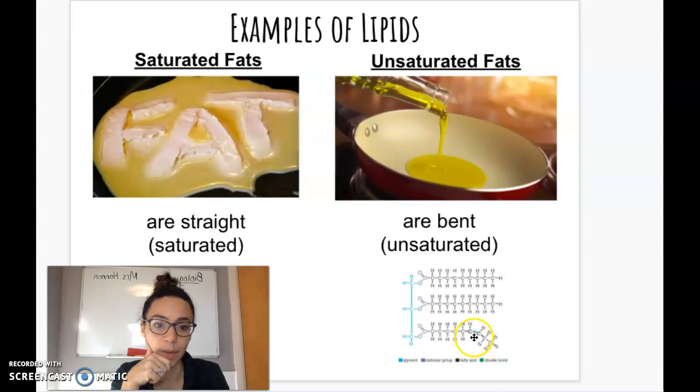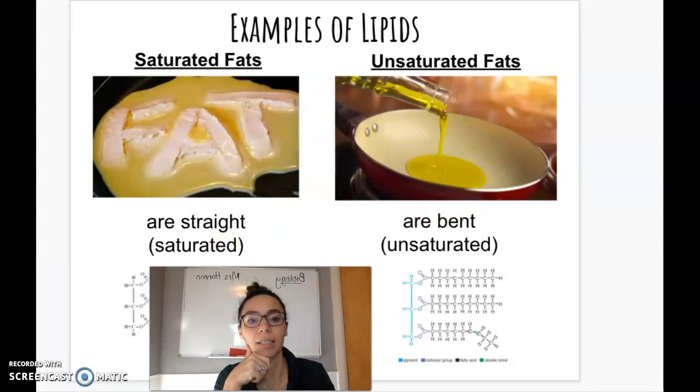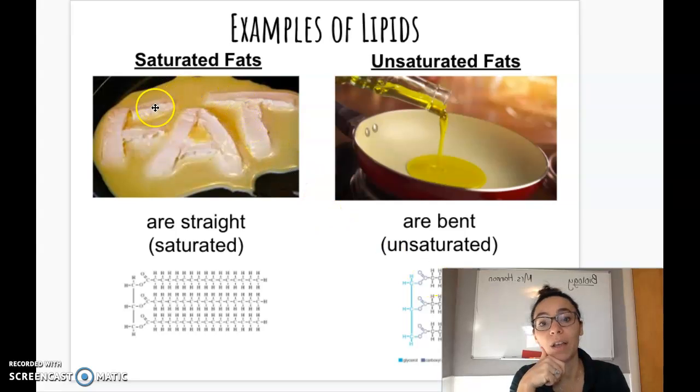Because it has a double bond here between the two carbons. So this fatty acid here has a straight line. That's a saturated fat. But this one that's bent is called an unsaturated fat. These fats are like oils. They are liquid at room temperature, whereas the saturated fats are solid at room temperature, like butter or lard.